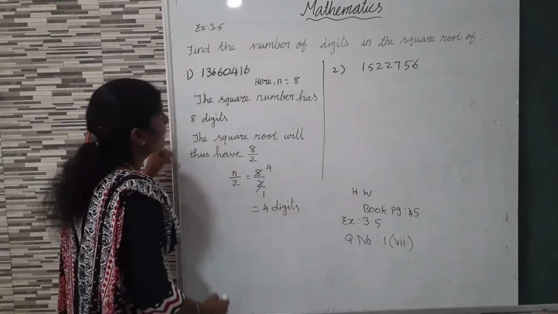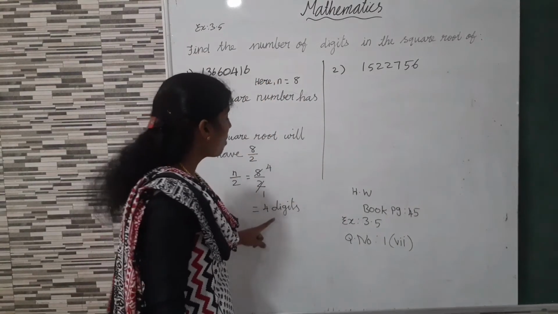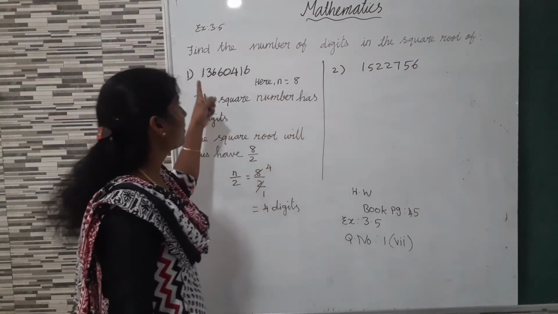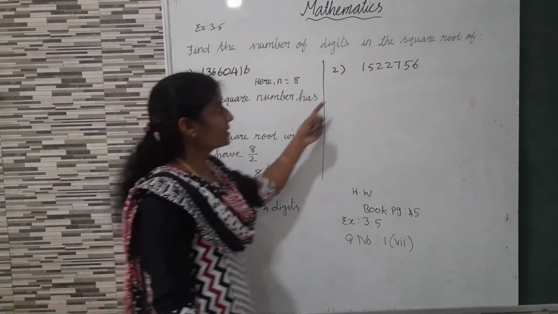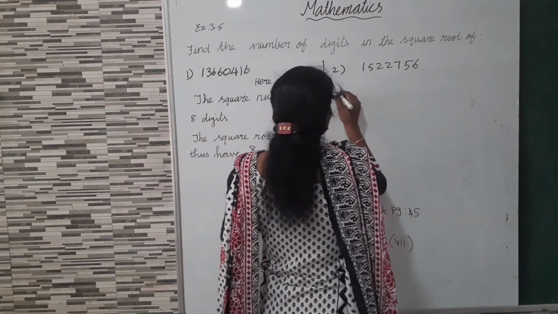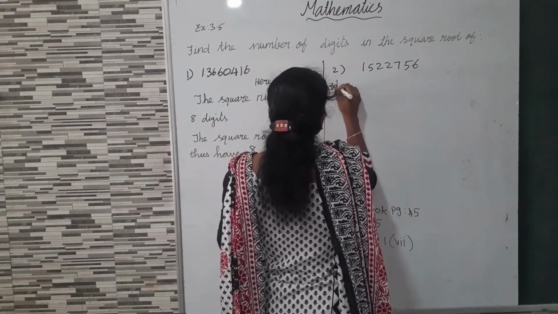What's the answer? 4 digits in the square root of 13 crore 66 lakh 416. Now next question. Here we can write the solution.